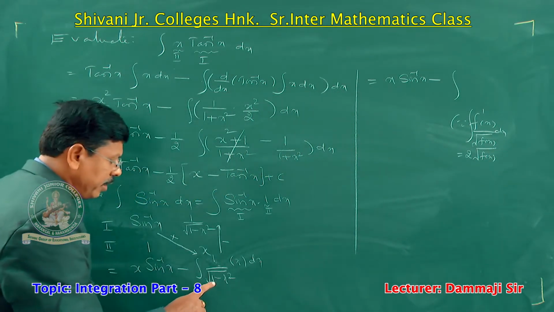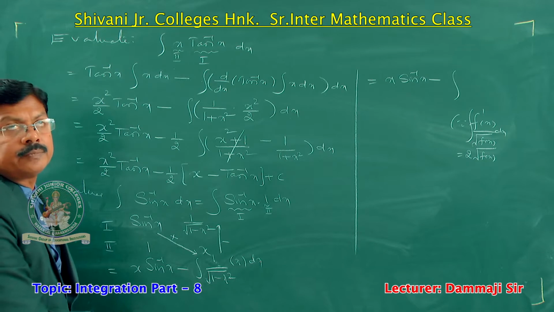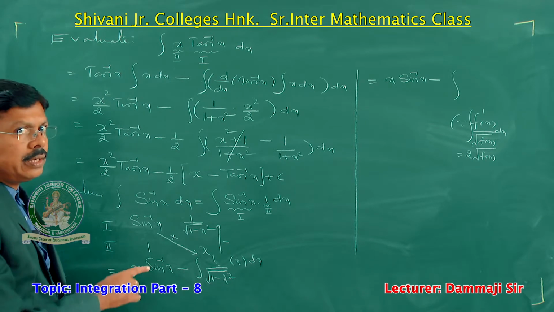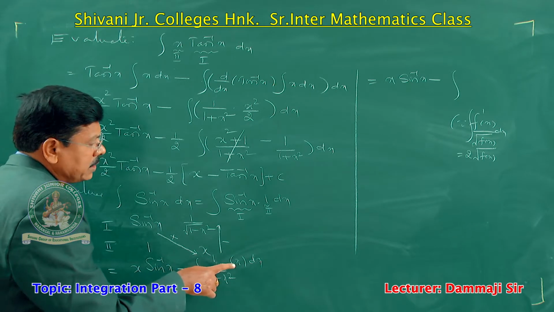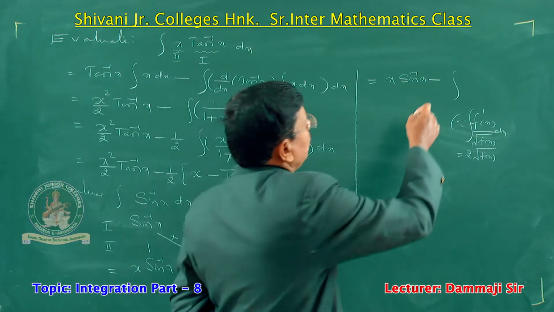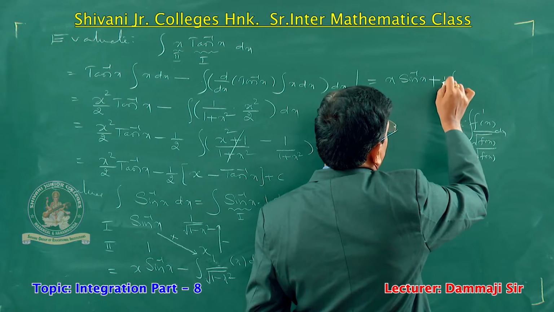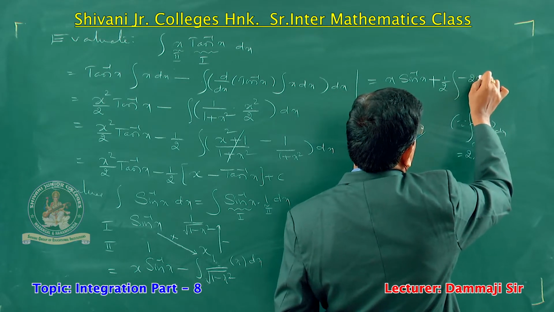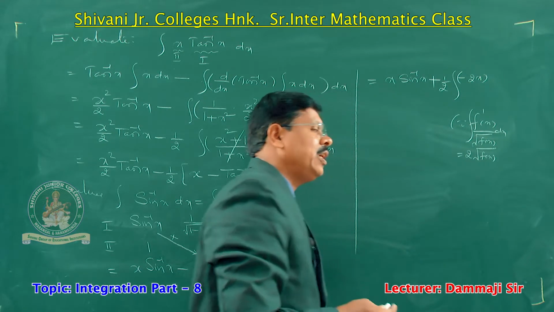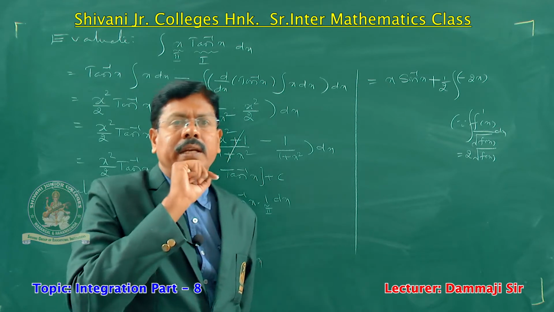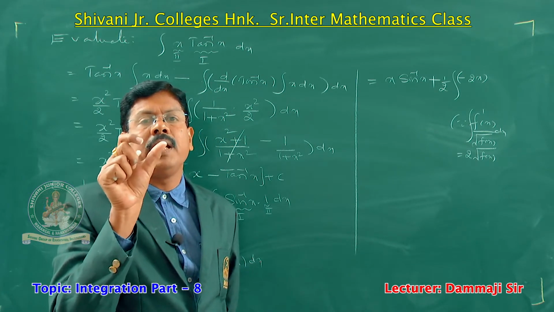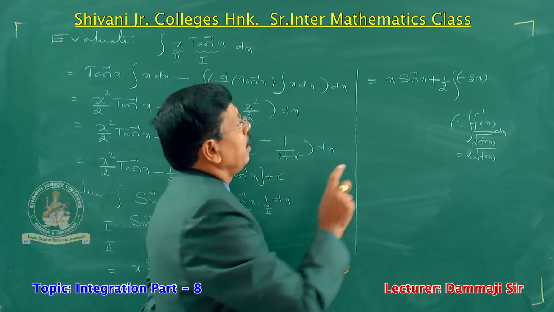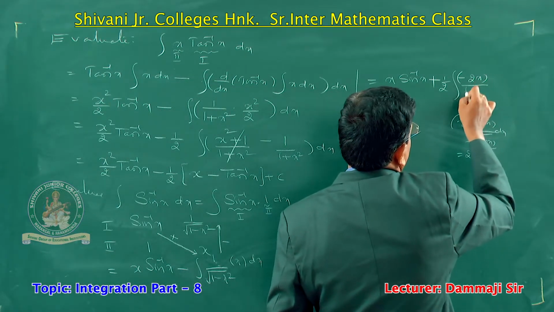What about the derivative of 1 minus x square? Internally it is minus 2x. Minus is already there, only x is there, but 2 is required, so we can multiply and divide by 2. Either multiply and divide or add and subtract, you should not change the principal value, okay.